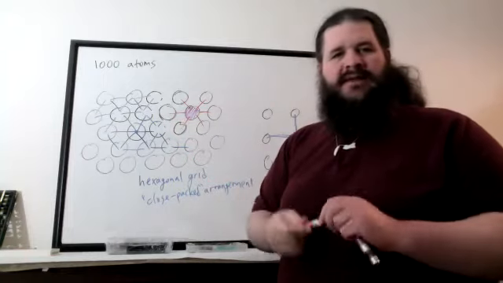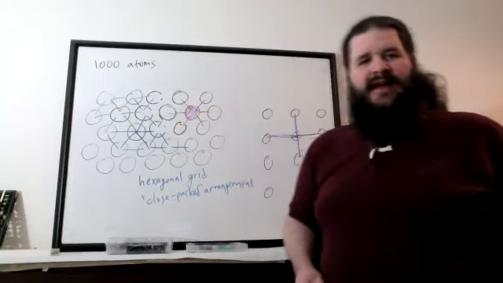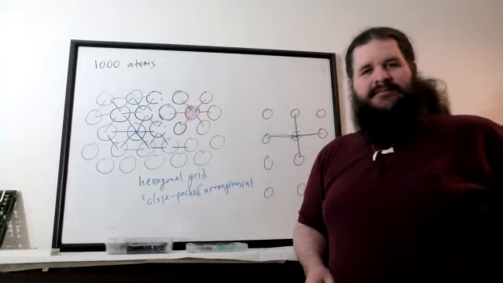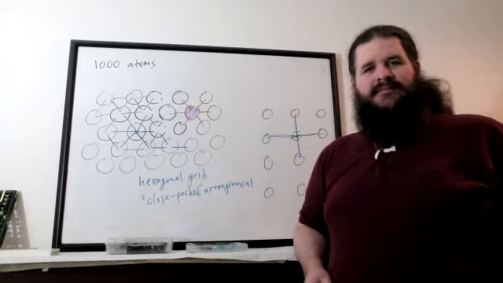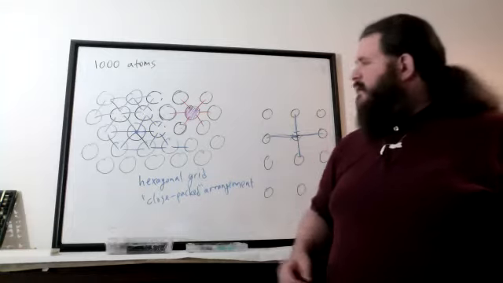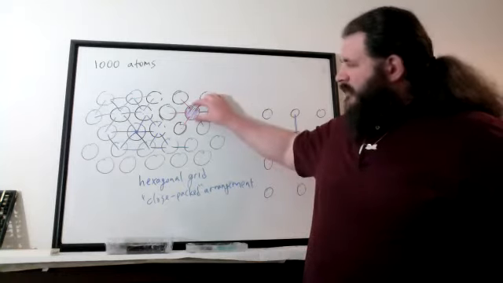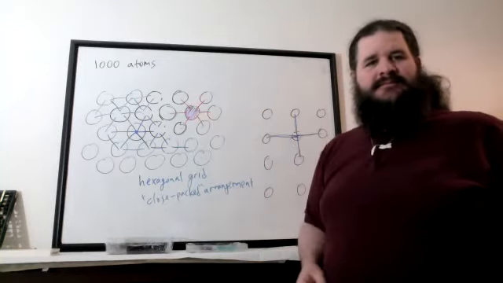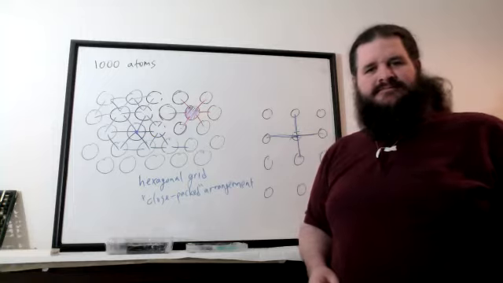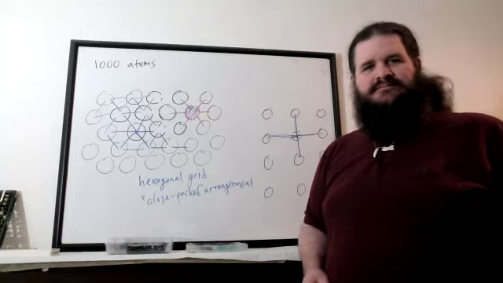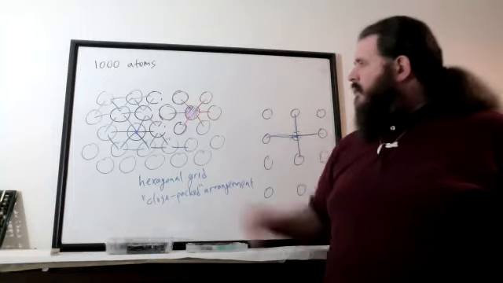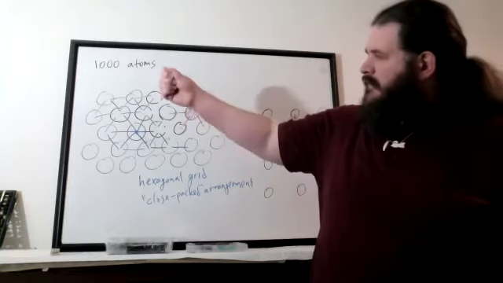But where could we put even more neighbors immediately adjacent to that? Could we fit another atom that's equilibrium distance from this one? In front? Yeah, if we go out in front.